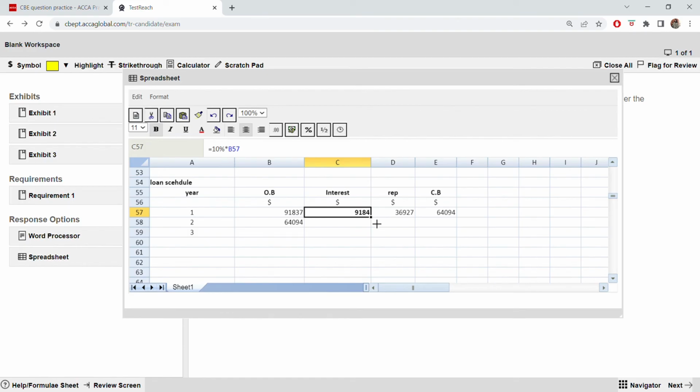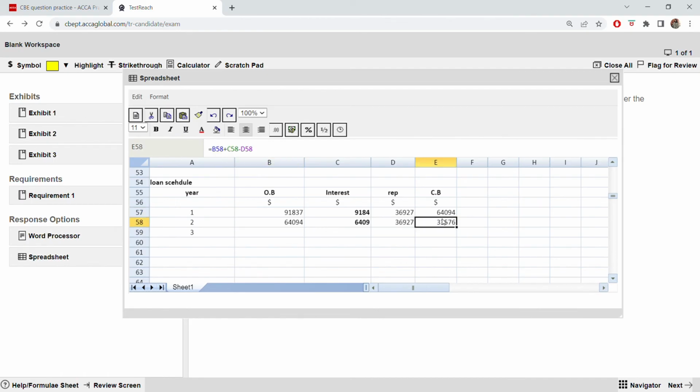Now, just copy paste it. Drag it to the other cell. Automatically it will take 10% of the previous value. And when you're taking the repayment, it is this. Just take this. Drag it to the next cell. And then when you're taking this, you can just drag it to the other cell. Because the formula is already there in one cell, automatically it will take.